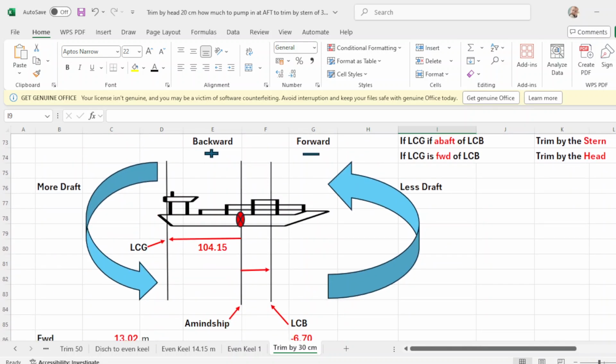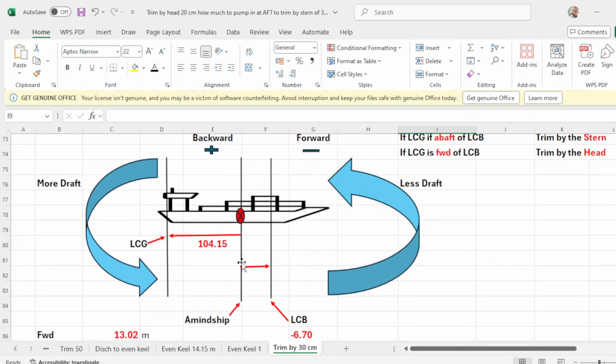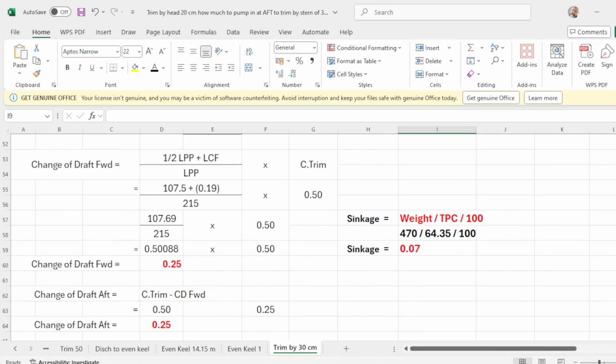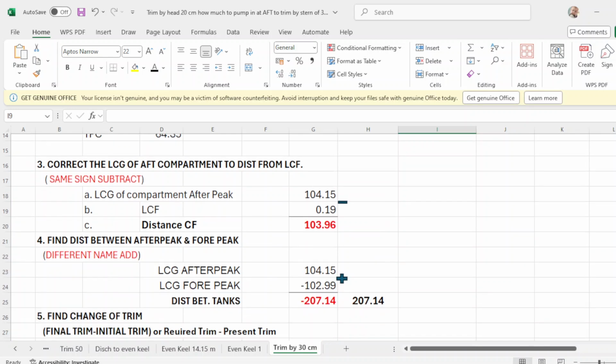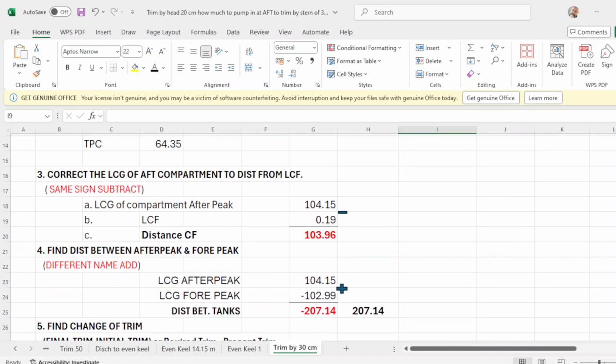So your after peak is measured from amidship going backwards. Since your LCG is positive, you measure from amidship going to 104.15. This will be the vertical line of your LCG of after peak. We are only concerned with the LCG of after peak, not fore peak.